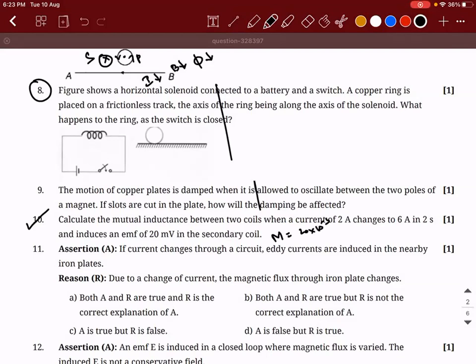Twenty into 10 power minus 3 divided by 4 by 2. It will be 2. So 10 into 10 power minus 3, it will be 10 power minus 2 Henry.